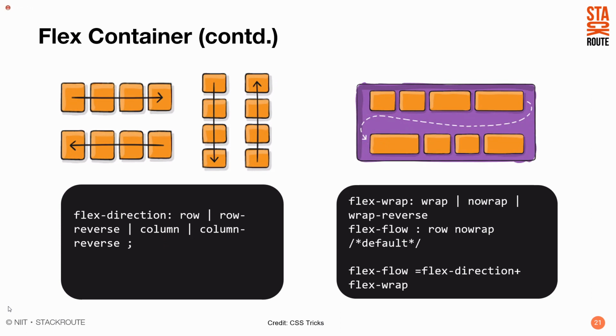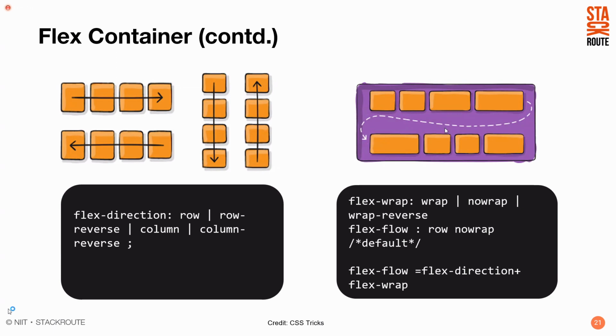We have one more property called flex wrap. By default, if you have flex items that cannot fit in one single line, they automatically need to wrap to the next row. That can be enabled with the help of flex wrap. By default the wrap flow is row-wise, but you can also give column-wise.